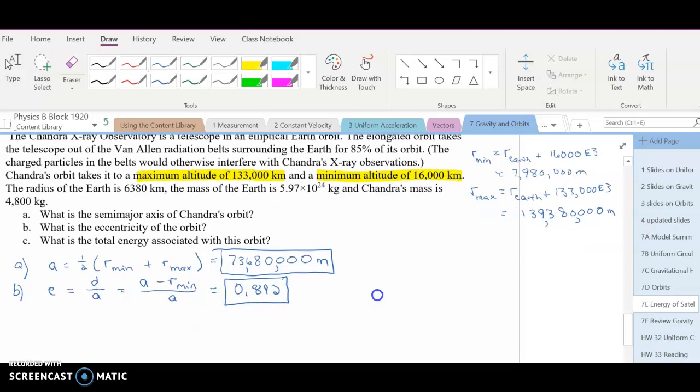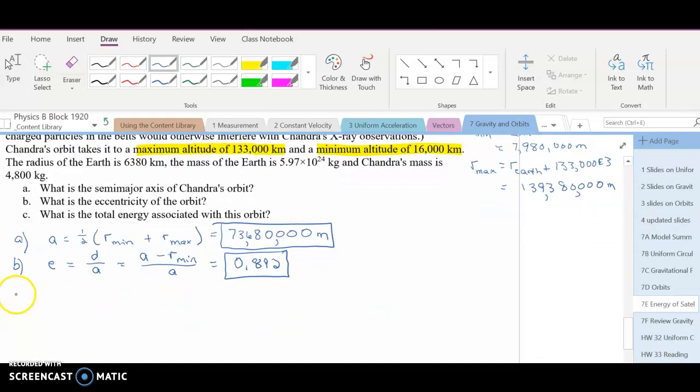Okay, and then it asks for the total energy associated with this orbit. The total energy for something that's in an elliptical orbit is negative G times the product of the masses divided by 2 times the semi-major axis. Our big mass here is the Earth.